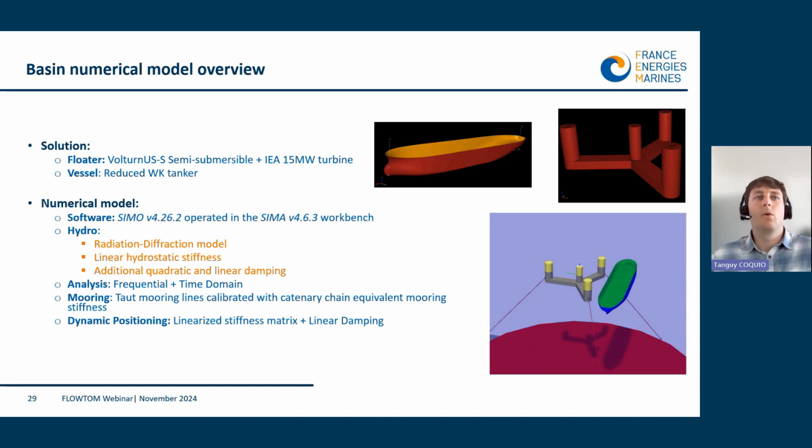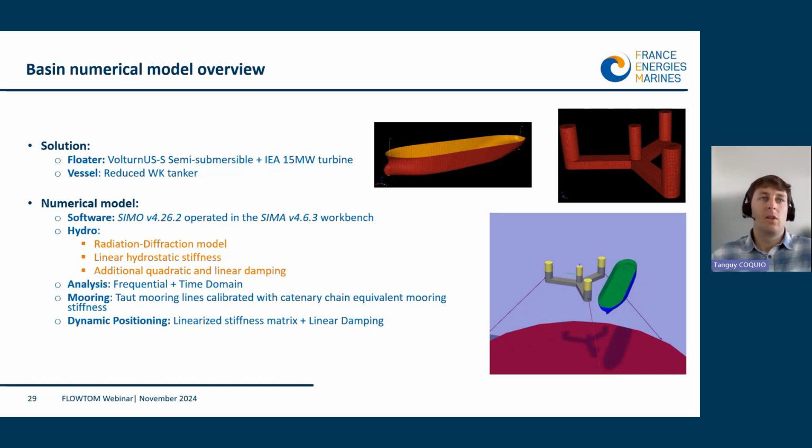So mostly roll additional damping for the hull, and a lot of damping for various degrees of freedom for the semi-submersible with more recent elements. The analysis was computed through frequency and time domain analysis, depending on what we wanted to look at.